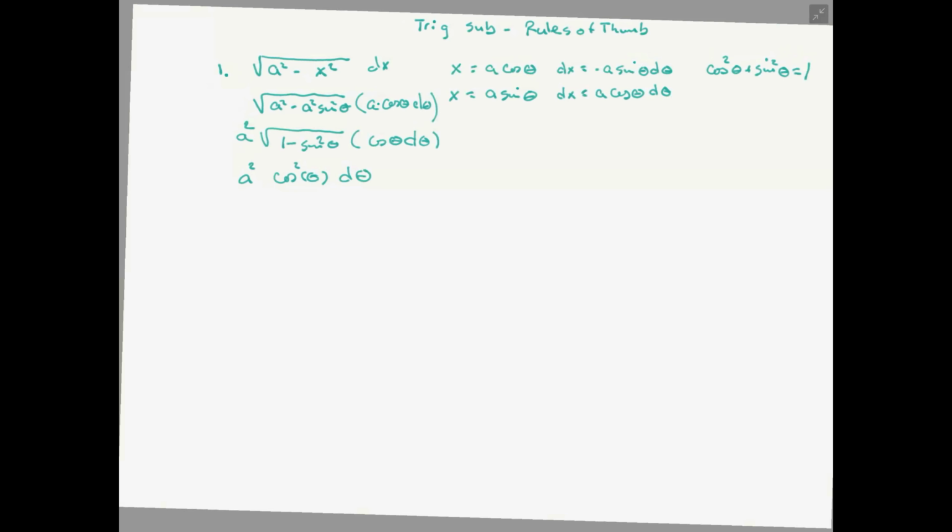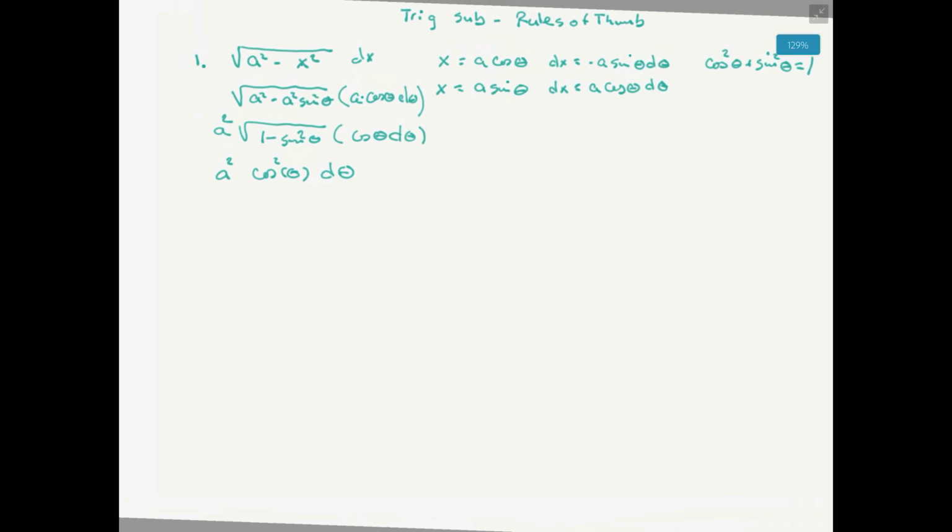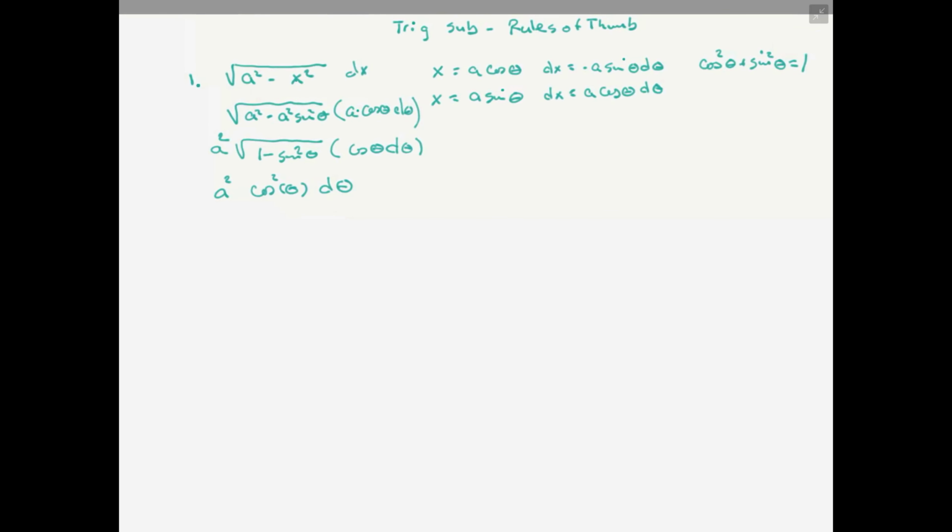Now our second situation would be the square root of a squared plus x squared.